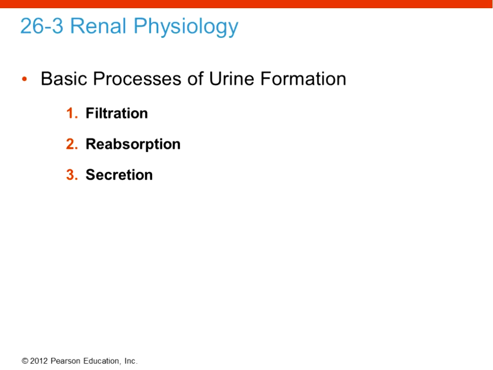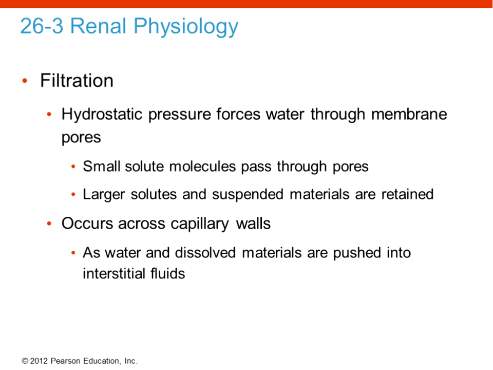So the basic processes of urine formation, as I said, are filtration, reabsorption, and secretion. That's what needs to happen along the way. Filtration is essentially, again, the process of producing the filtrate. Pressure forces water through the pores on the membrane of the glomerulus. The small solute molecules pass through the pores, and everything else is retained behind those walls.